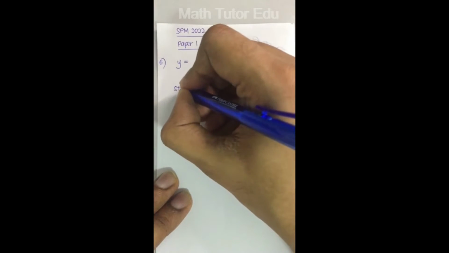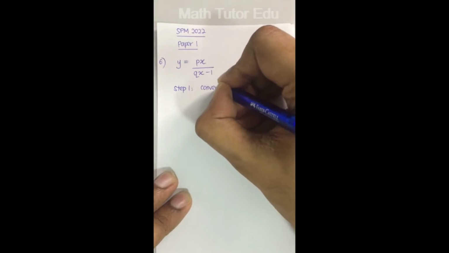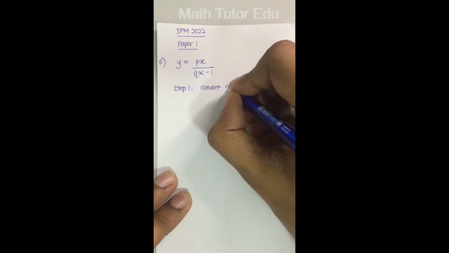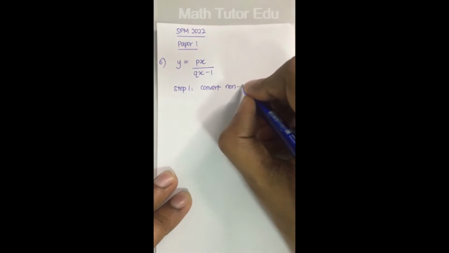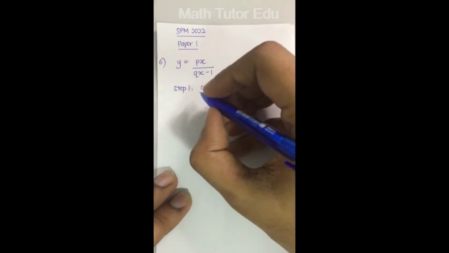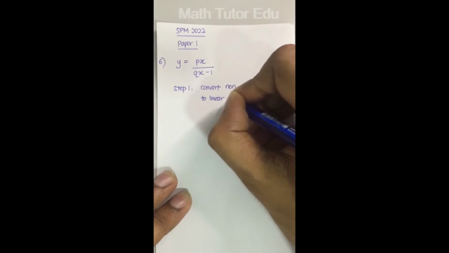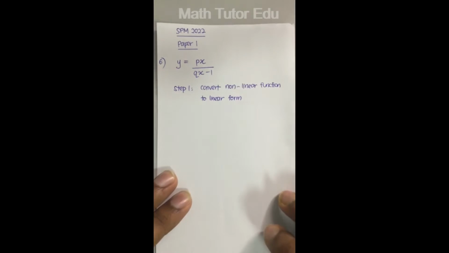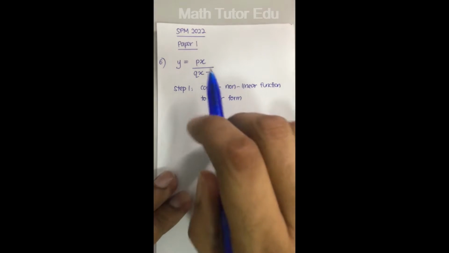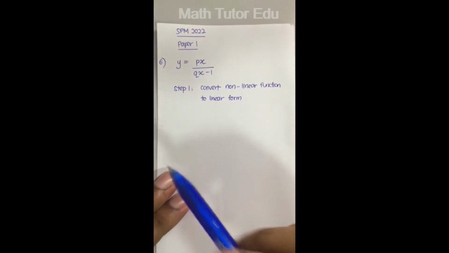Step 1: convert non-linear function to linear form. Since we are dealing with a linear law question, whenever we have a non-linear form, it is important for us to convert the non-linear function to linear form, guys.